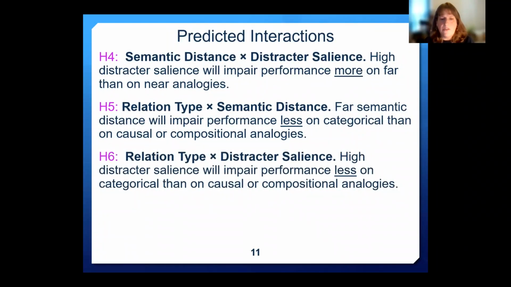And same thing with distractor salience. You're less likely to get thrown off by that strong high salient distractor. So leather is to saddle as gold is to earring versus silver. Well, actually in this case, with that compositional one, it might throw you off more to have that high lure on the compositional in comparison to the categorical.